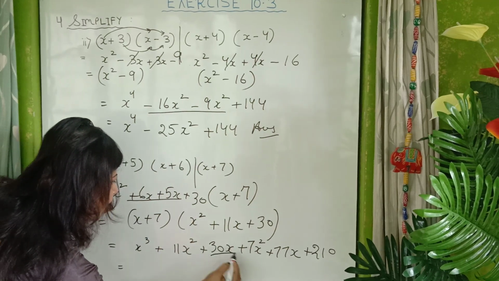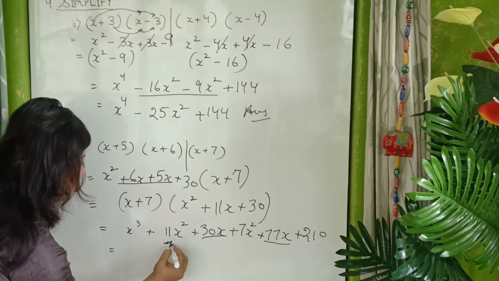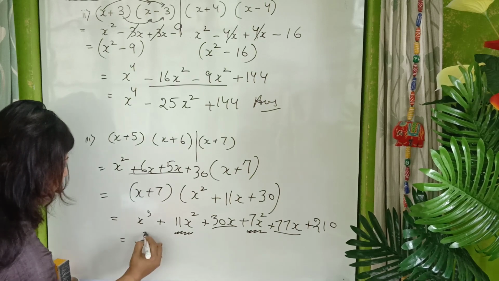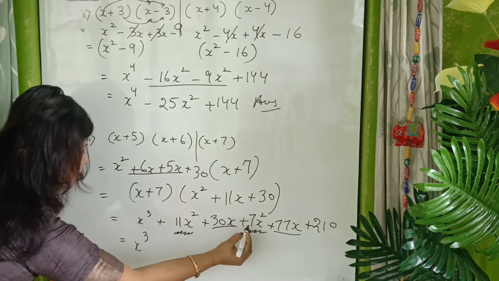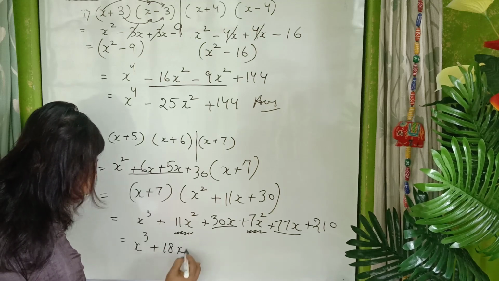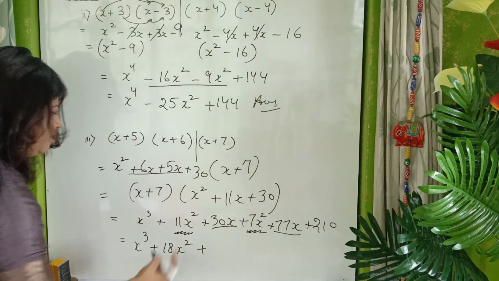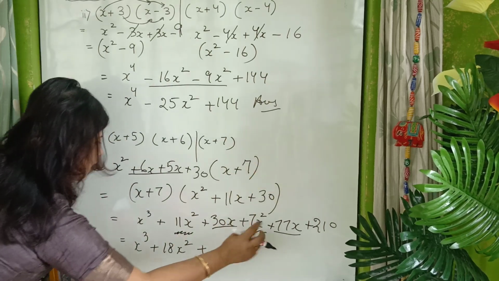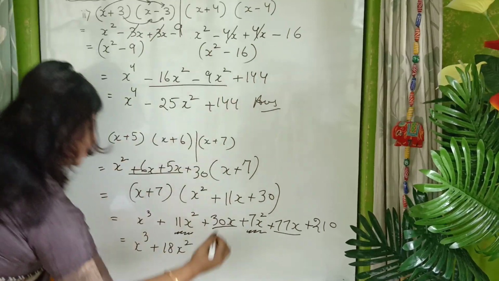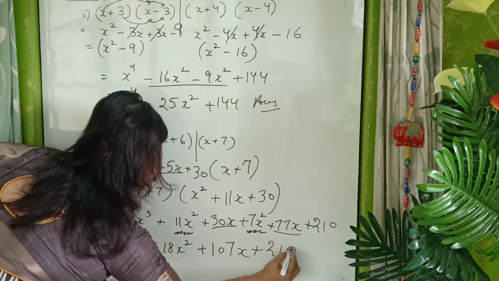See, you have 30x, 77x and you also have 11x square, 7x square. Solve. So x to the power 3 plus 11 plus 7. So plus 18x square plus 30 plus 77. 30x and 77x. Solve it. So 87, 97, 107. So 107x plus 210.